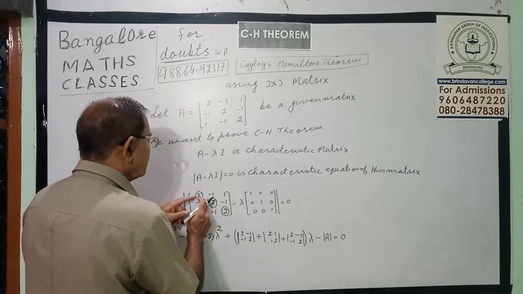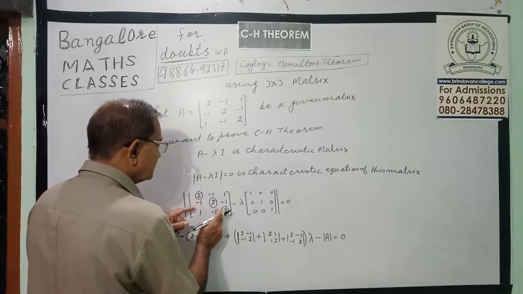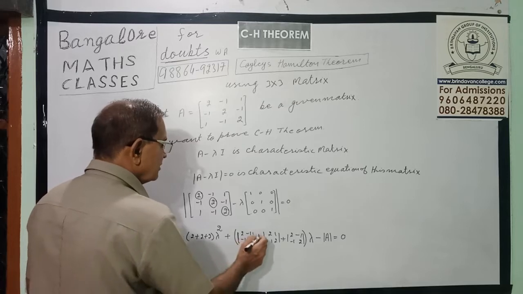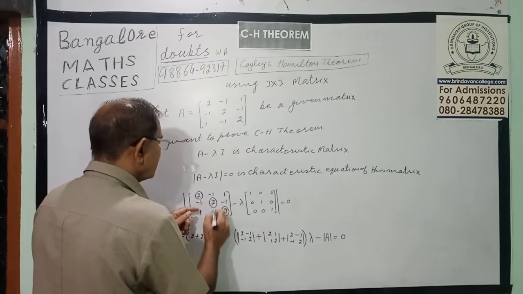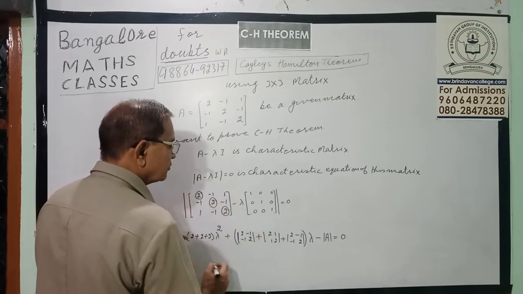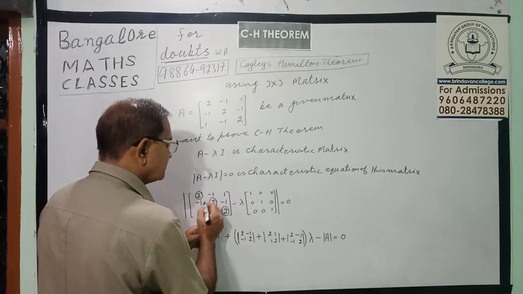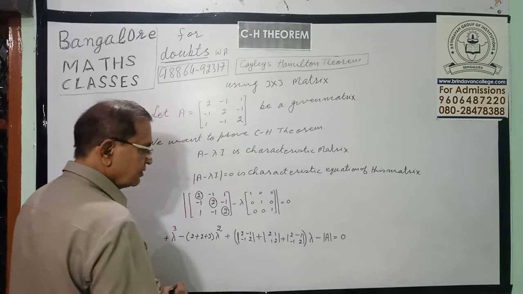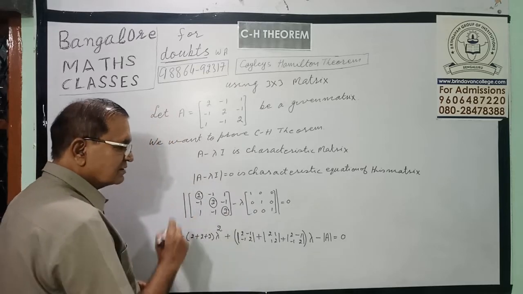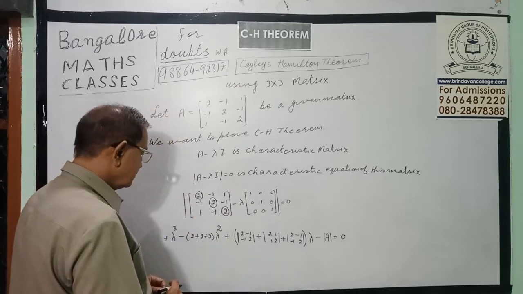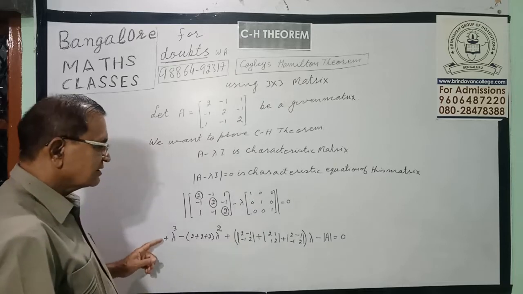See here it is 2, cut the row, cut the column, [2, -1; -1, 2], plus for this 2, cut the row, cut the column, [2, 1; 1, 2]. Then for this 2, cut the row, cut the column, [2, -1; -1, 2]. Times lambda, minus the determinant of A equals 0. That is your characteristic equation.